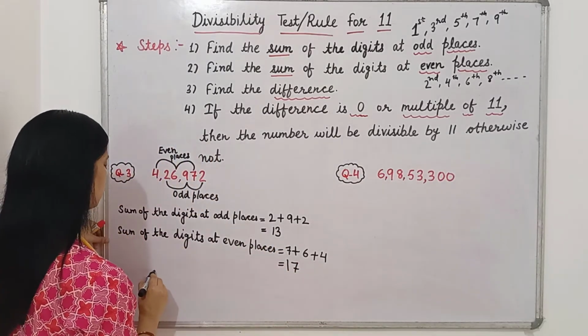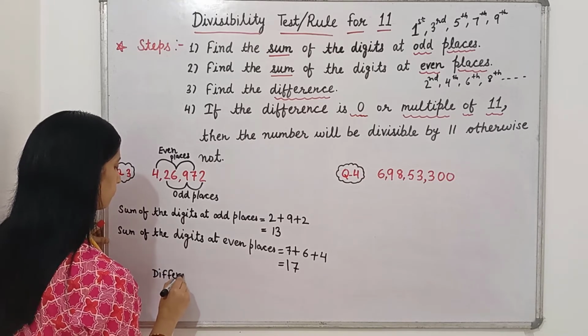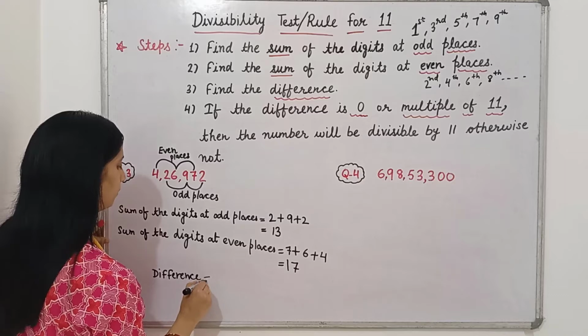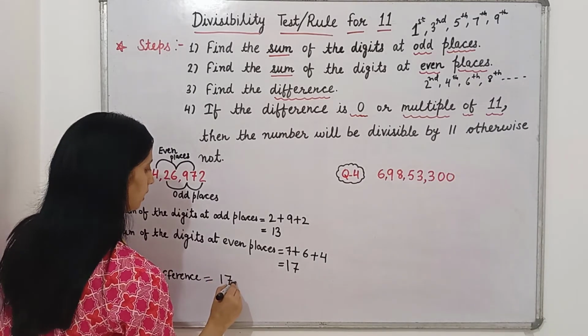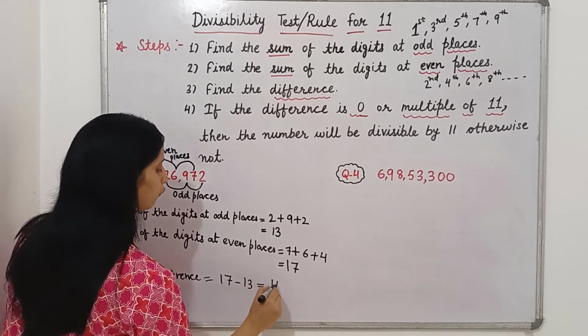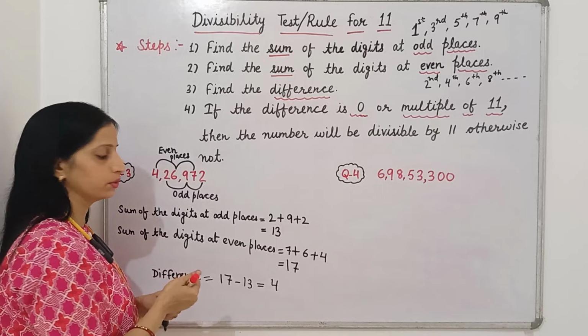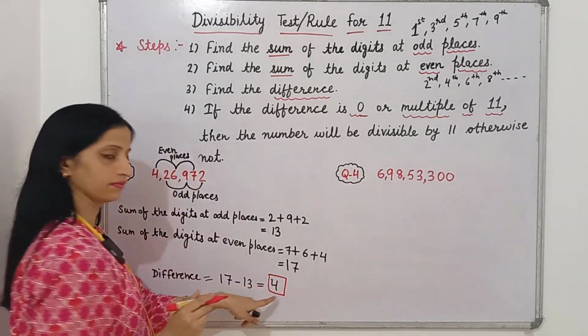Now our next step is to find the difference. So what will be the difference? Difference of 17 and 13. 17 minus 13 we will get 4. And we know that 4 is not divisible by 11.